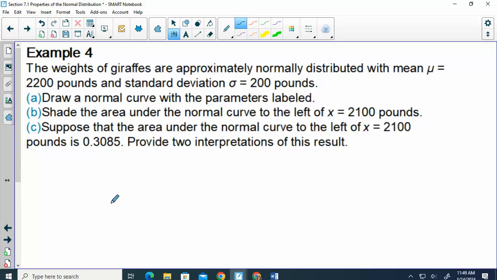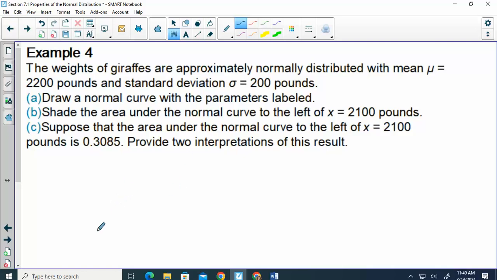If the weights of giraffes are approximately normally distributed with a mean of 2,200 pounds and a standard deviation of 200, draw a normal curve with the parameters labeled. So if I am drawing a normal curve, what does that mean?